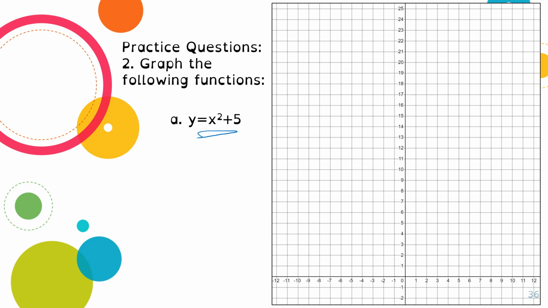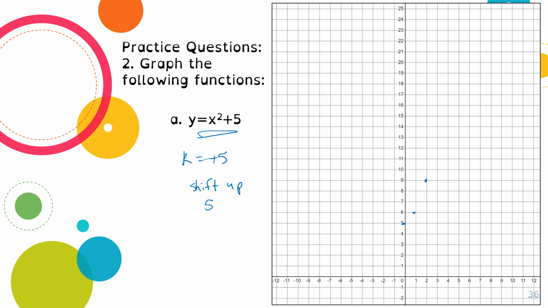So for y equals x squared plus 5, we know that we're shifting up. Our k value is equal to plus 5, so we're shifting up 5 units. Instead of being at 0, 0, we're going to be at 0, 5. Instead of being at 1, 1, we're going to be at 1, 6. Instead of being at 2, 4, we're going to shift up to 9.